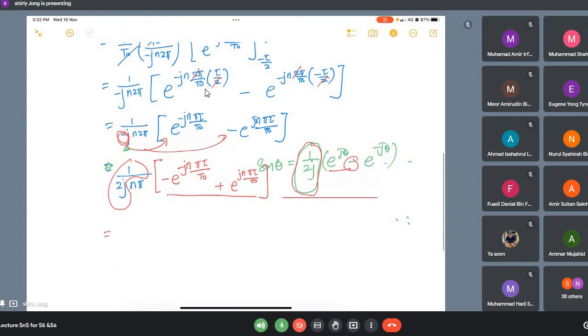Therefore, I can say that this part 1 over 2j, and this part I can change to the sine. So I left 1 over n pi sine. Okay, just now it already changed to sine, right? Sine what? So this is just left n pi tau over t naught.